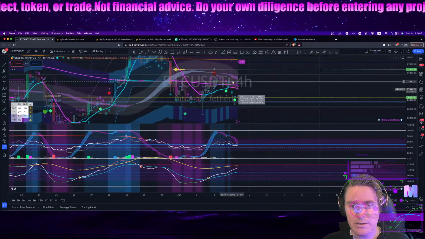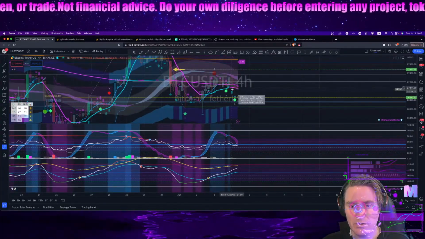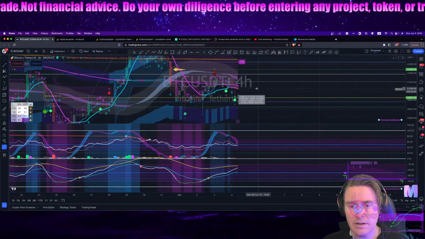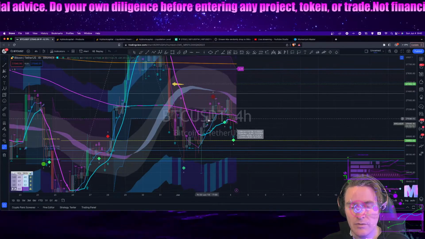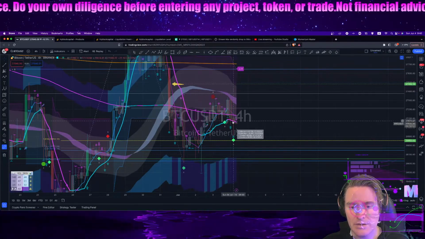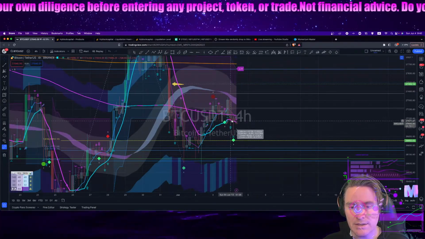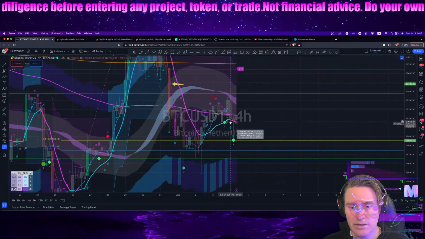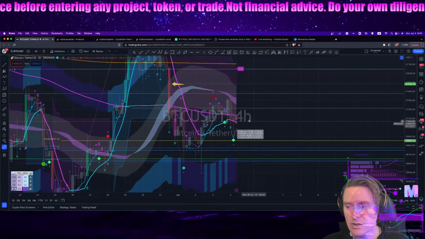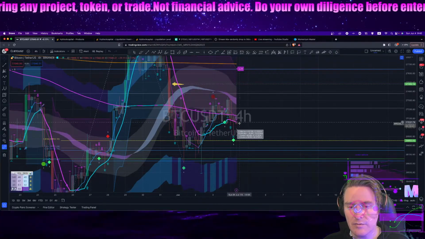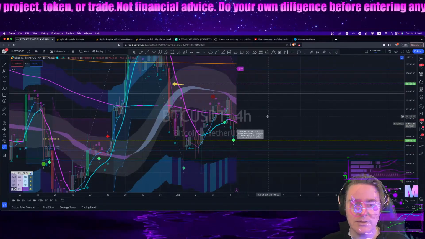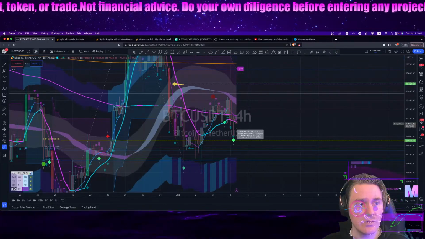You did get the cross up event on the 4-hour, but we're currently failing the fat boy, the last ray of hope for the 4-hour idea. This could become a buyback wick as it did on this candle, which did reclaim that. So unless you can close a 4-hour candle above the baseline, this could be setting it up for a cross down event to go further down.